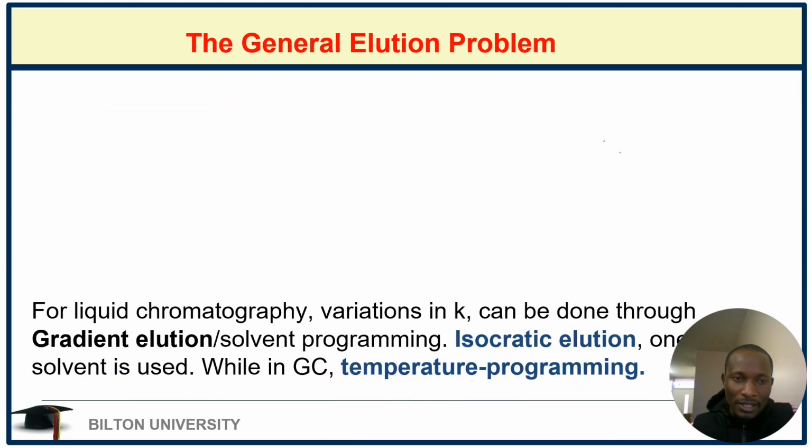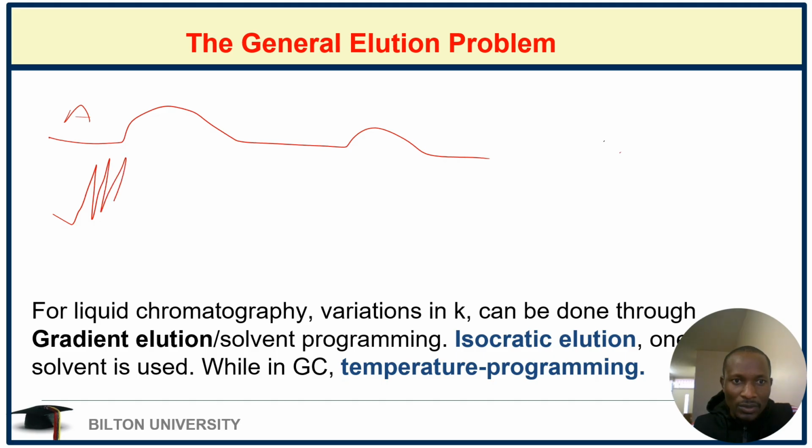This happens sometimes. Imagine you are running a GC, for example, and your peak looks like this in scenario A, or you have a peak which looks like this, scenario B. So this problem is what we call the general elution problem. The general elution problem simply means the problem that occurs during separation that results in improper separation of the analytes in the mixture.